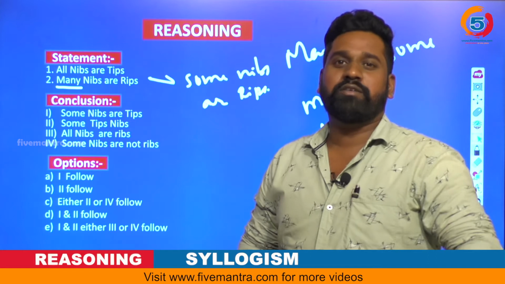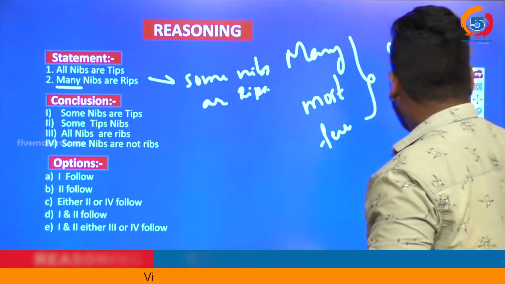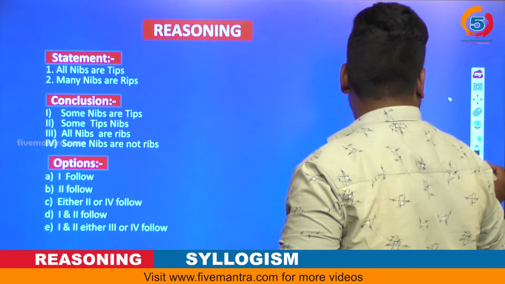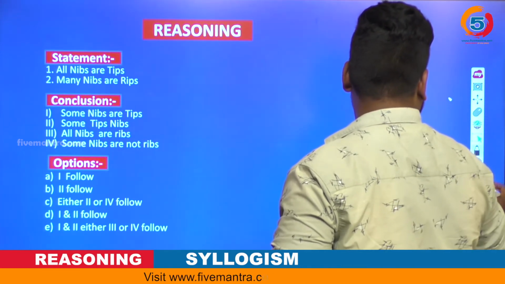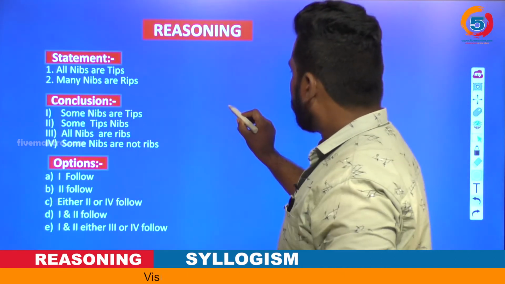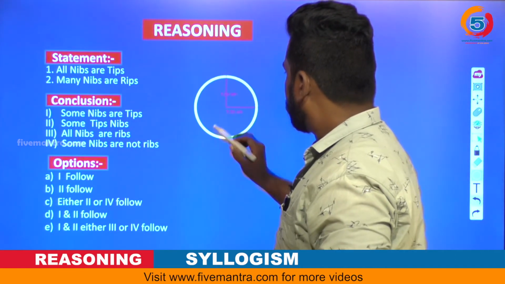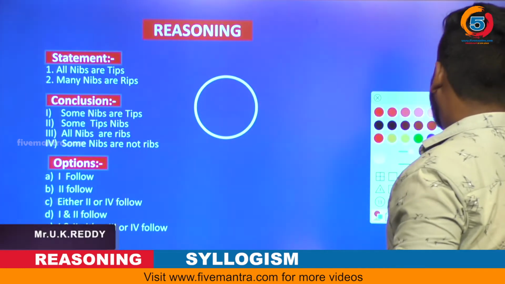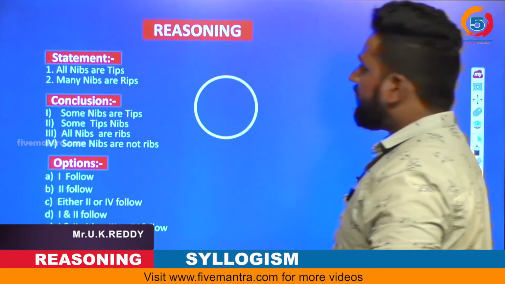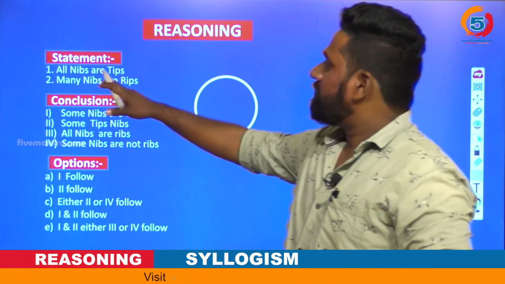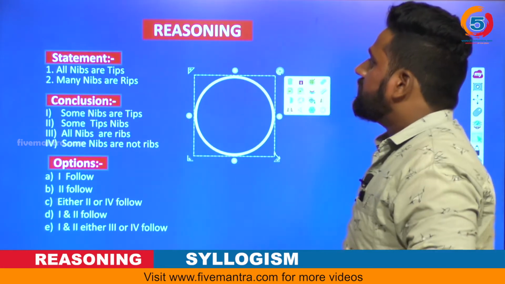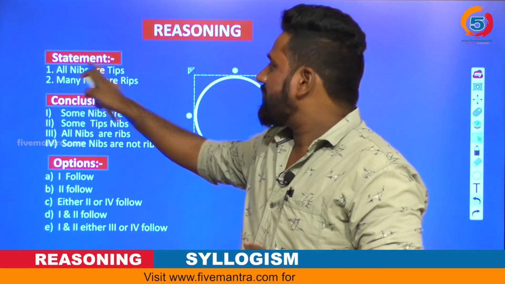Now the thing is you have to construct the Venn diagram. So here you can take two circles again. When taking the first one, all nips are tips. Here two words are given, one is nips, another one is tips.